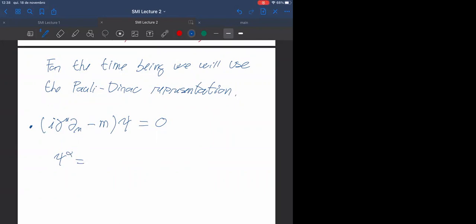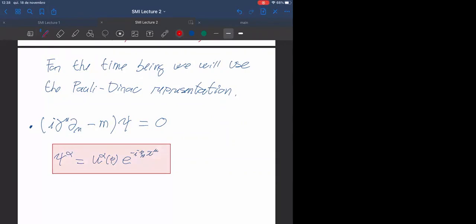This is the wave function. Let's say the actual spinor is something that we call u, which is a function of the momentum, and then we have the exponential part, similar to what we did for the Klein-Gordon equation: minus i p mu x mu. This is basically expanding to write in terms of the u spinors.